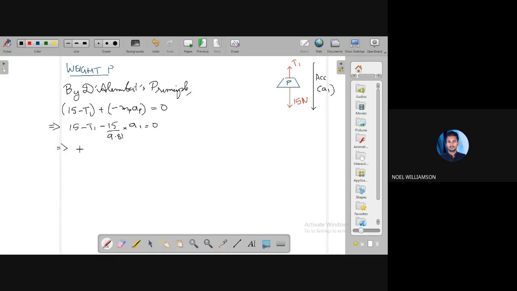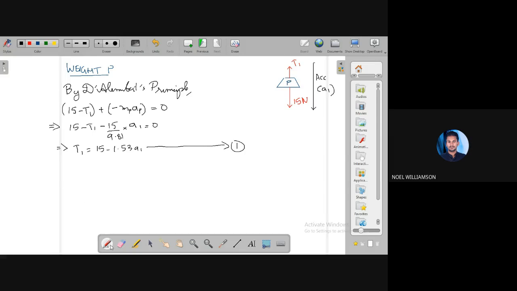On simplification, we get the relation T1 equal to 15 minus 1.53 A1. This is equation number 1.